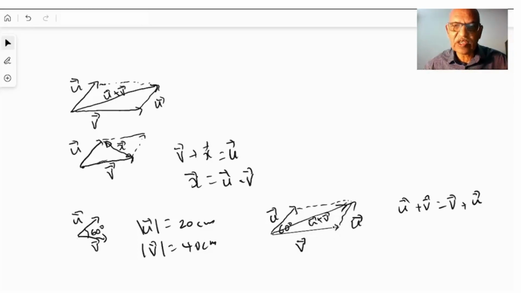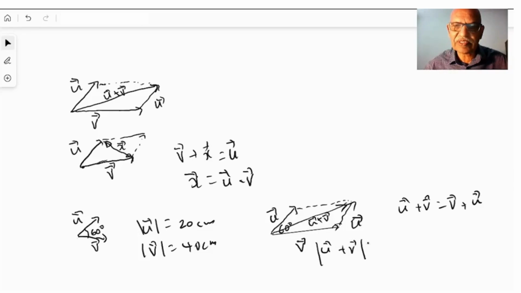To use the cosine law, we have to find this angle here, because my unknown is this. I know the absolute value of v, I know the absolute value of u, I know this angle here. This angle will be 180 minus 60 because of the property of a parallelogram. This is 120 degrees.